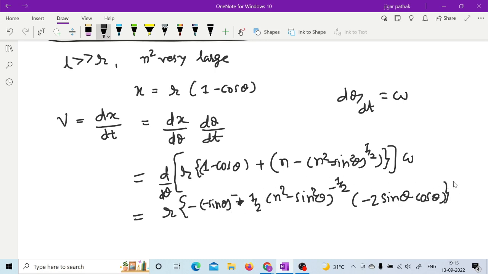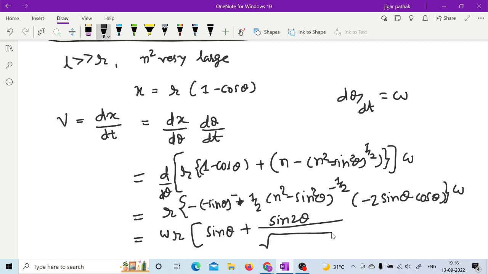Once you write this differentiation and simplify it, what you will get is omega r in bracket sine theta plus sine 2 theta divided by under root of n square minus sine square theta. This is the velocity of piston.